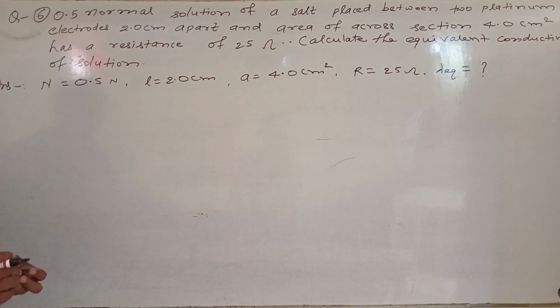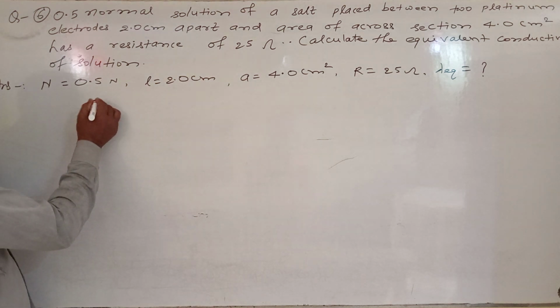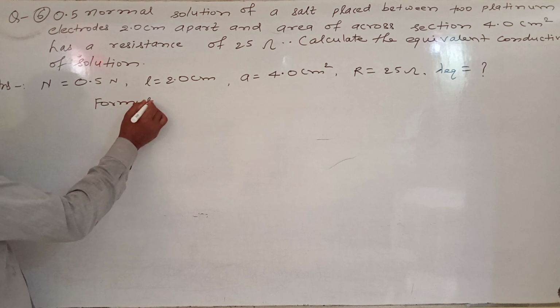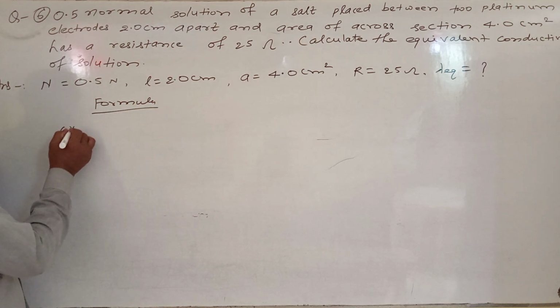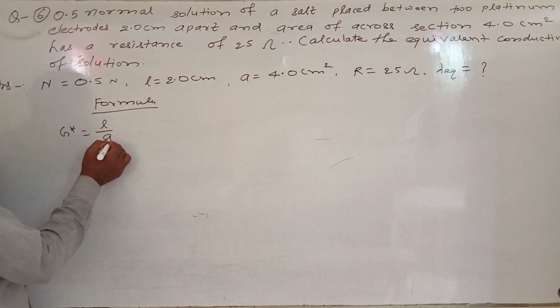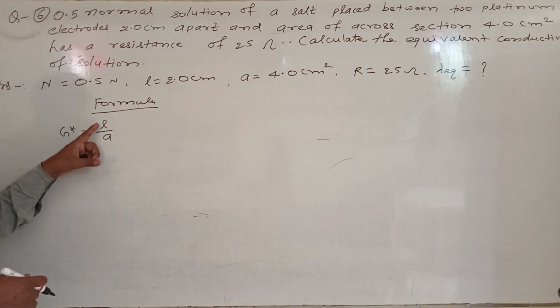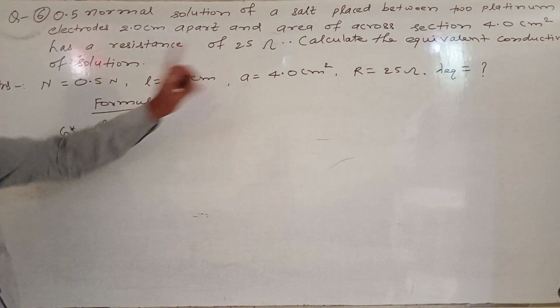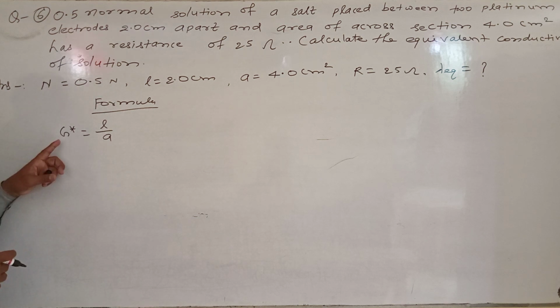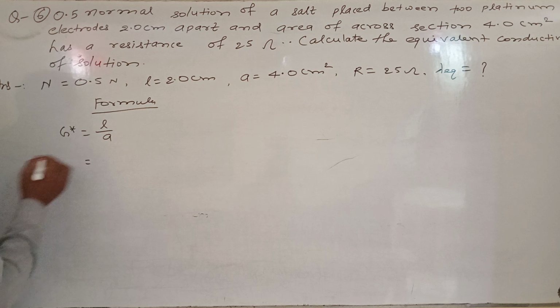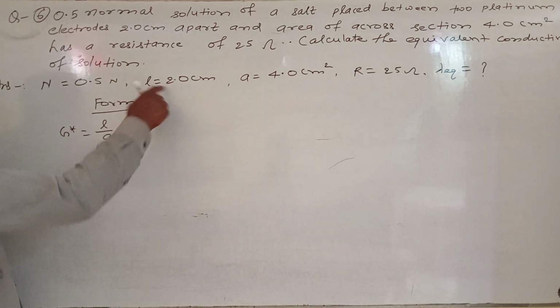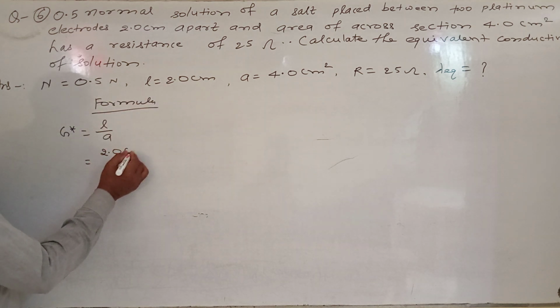First of all, we calculate G star, which is called cell constant. Here we write a formula G star is equal to L upon A. L and A are present. Therefore, we apply this formula. G star is equal to L upon A. The value of L is equal to 2.0 cm.